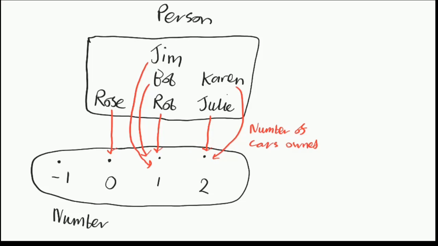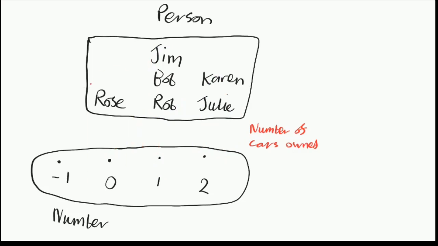So we have this function, but notice the way I've set out these different people. I've drawn the people who own 1 car above 1, and I've drawn the people who own 2 cars above 2, and so on. And so this suggests another way of representing how this function is working.